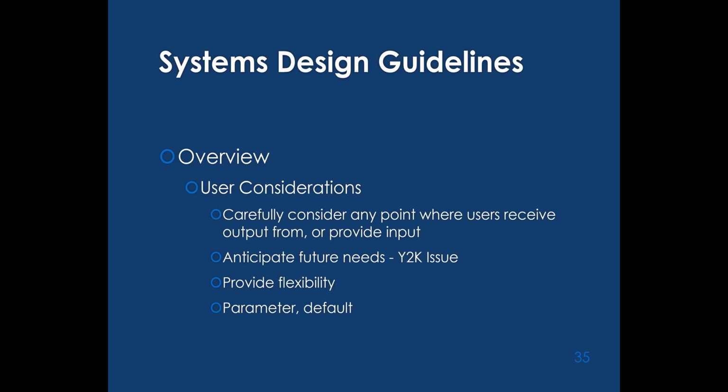Also, we have to think about the users' considerations as well. In this part, you have to carefully consider any point where users receive output from or provide input. Let's think about the ATM system. In the past, the only input from the users was in two different ways.